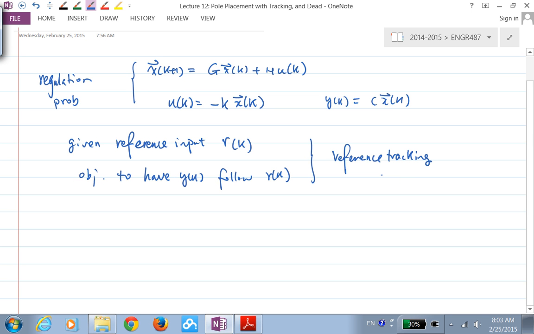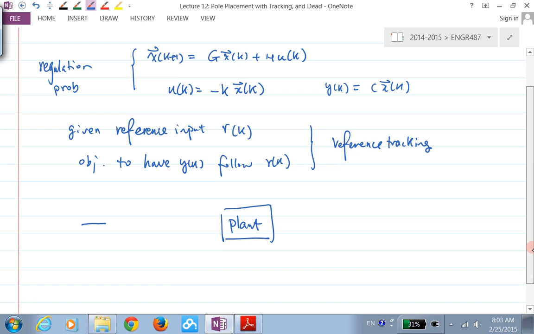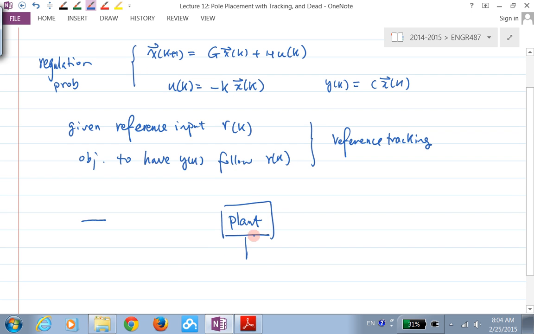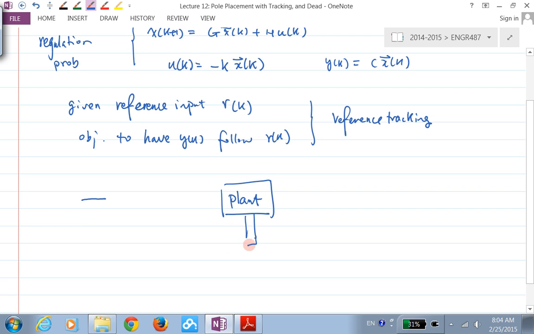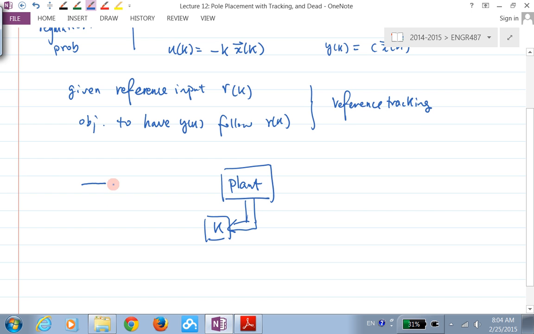Okay, so here is the typical diagram that you should implement for the tracking problem. Here's the plant. The plant is the state space model. Then the plant state is multiplied by that K quantity, and the reference input is over here.